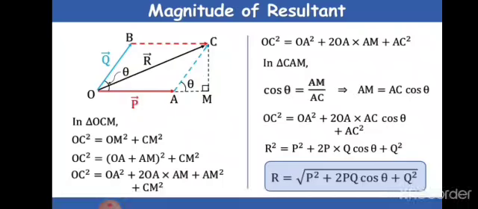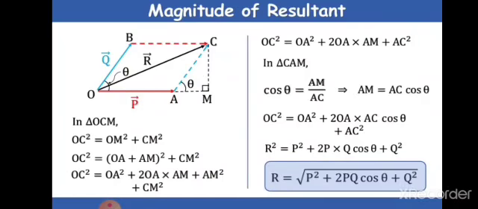So this is the expression for the magnitude of the resultant of two vectors. We take the two vectors P and Q, which make an angle theta with each other. From the parallelogram vector addition, along the diagonal OC we get the resultant vector R, which is the sum of vector P plus vector Q. Now let us take the triangle OCM.